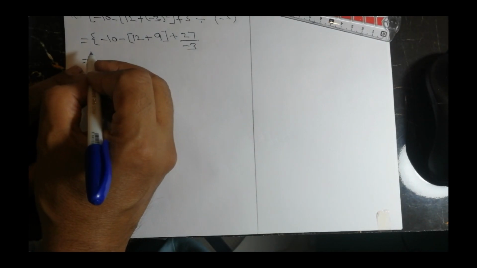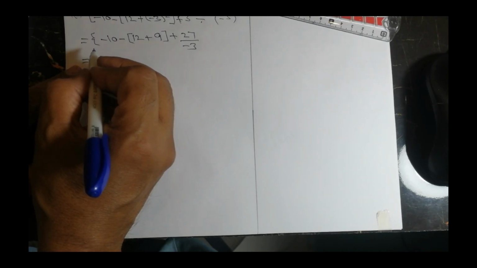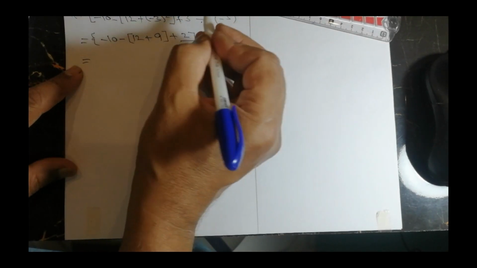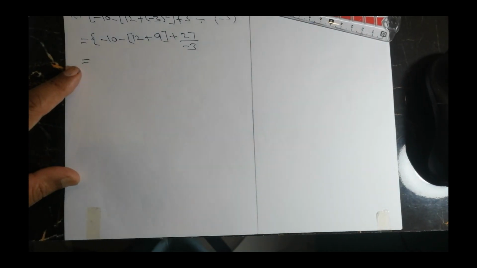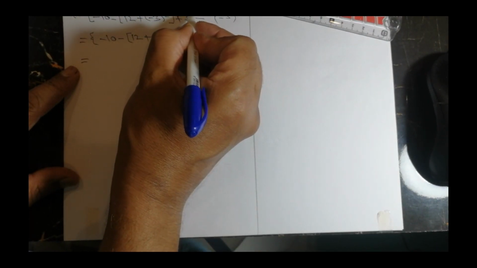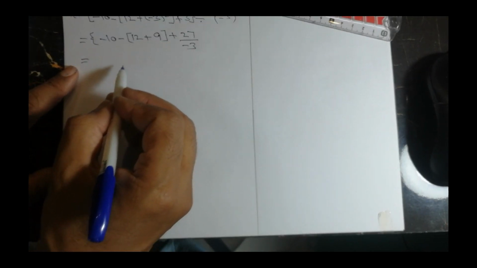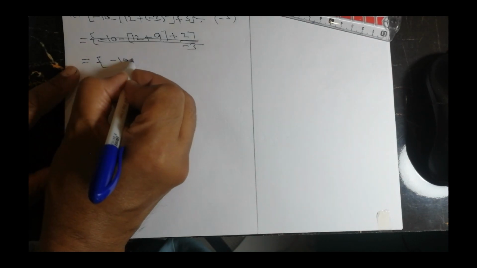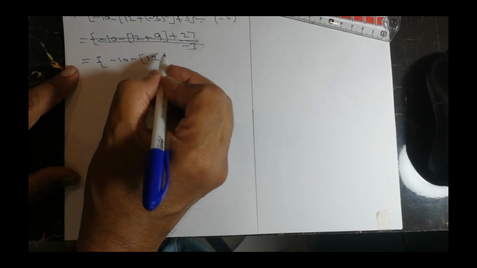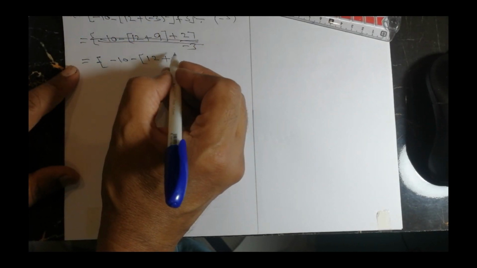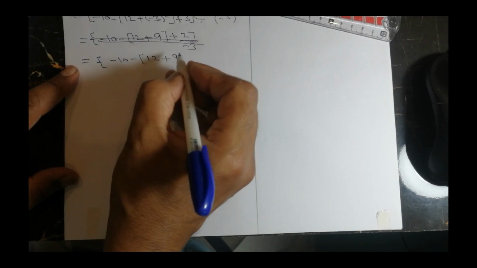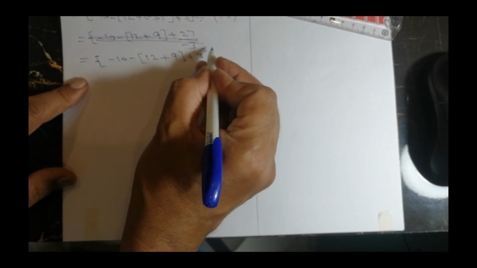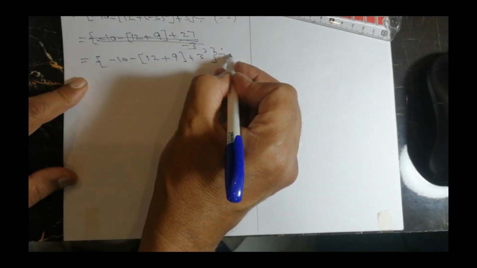Actually here is a mistake. Here I forgot to put curly braces, so I will solve this step again. That is minus 10 minus 12, and this will be minus 3 into minus 3 plus 9, 3 3s are 9, and this is 3 cube, this is closed, minus 3.